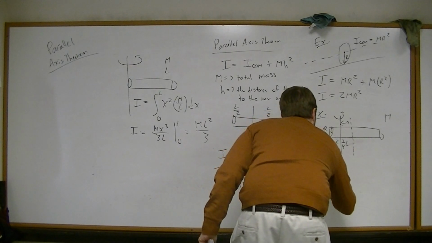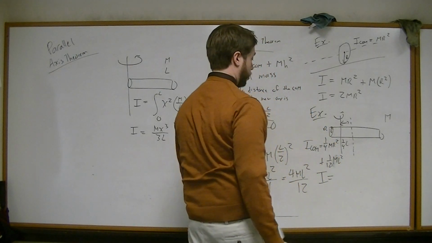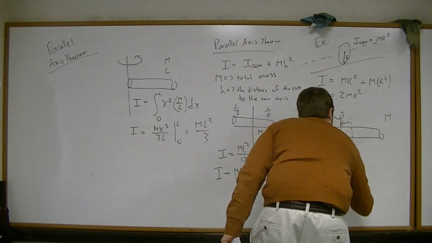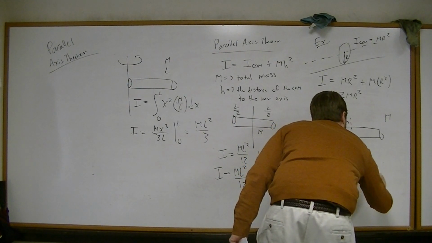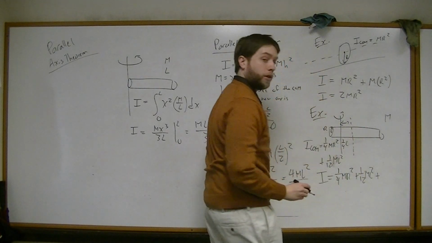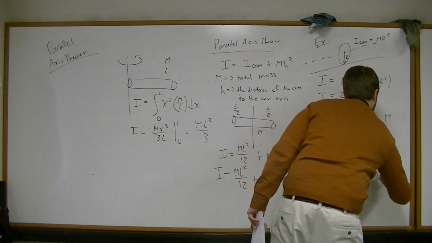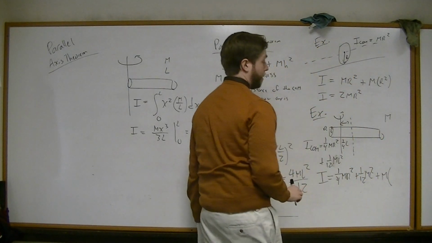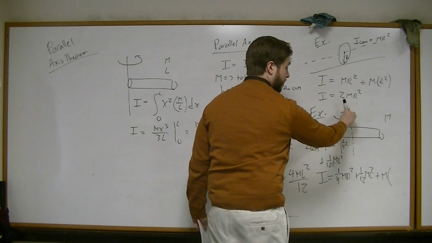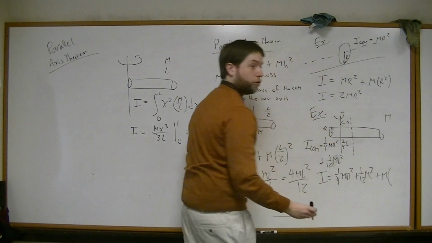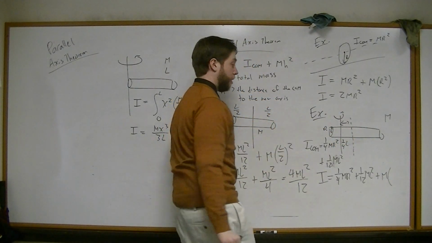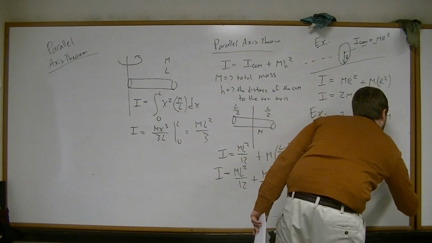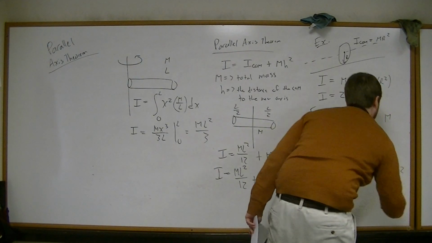So the new I, the new rotational inertia, is going to be equal to 1/4 mr squared plus 1/12 ml squared plus the shift, which is the total mass of the object, m, multiplied by the shift value. It was at the center, that's what gave us these first 2 terms. Now we've shifted it a quarter L, so that's going to be L over 4 squared.